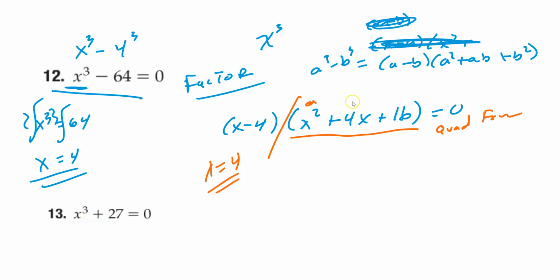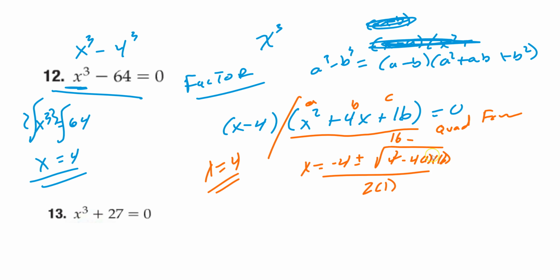So it'll be a, b, c. X equals negative b plus or minus the square root of b squared minus 4ac, all over 2 times a. So 16 minus that's 64. So I get negative 4 plus or minus the square root of negative 48, all over 2.